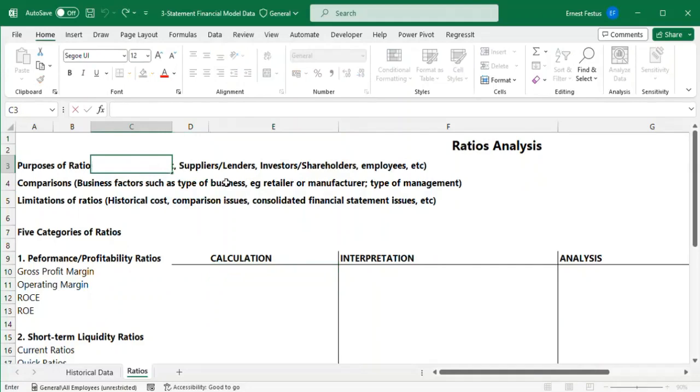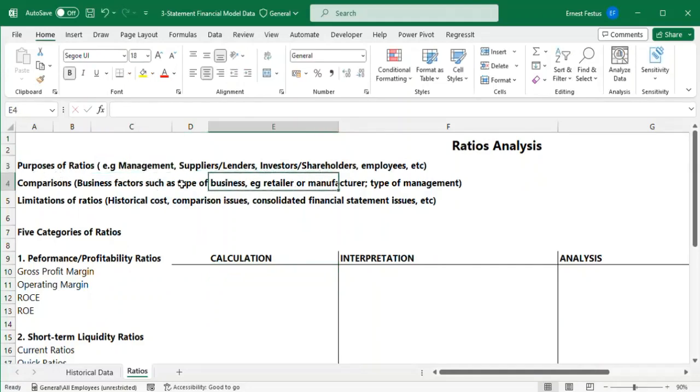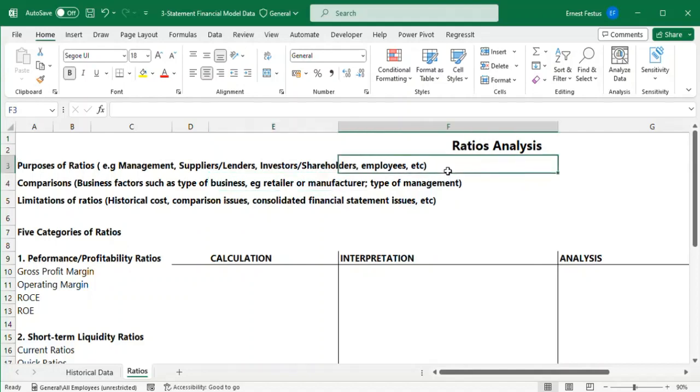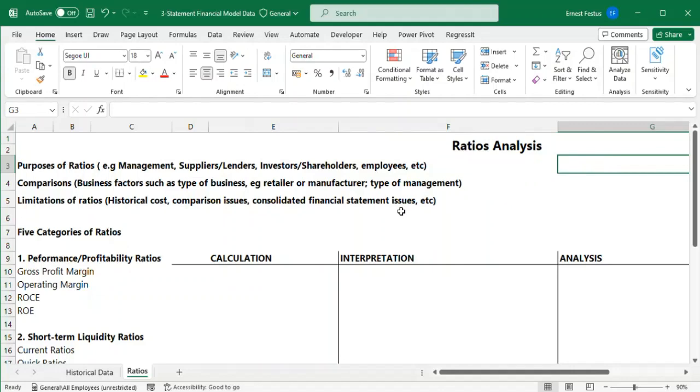We have management, we have suppliers. All these people use the financial statements to make decisions. With the help of ratios, these users can analyze and interpret the figures in the financial statements to suit their need.